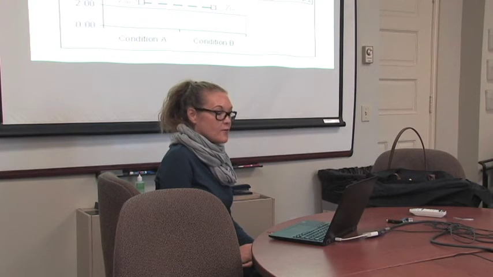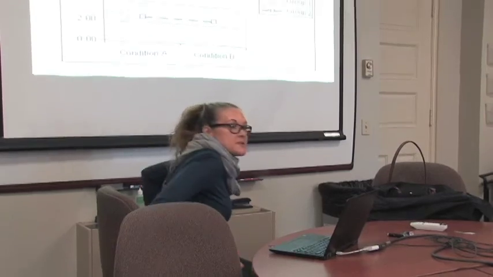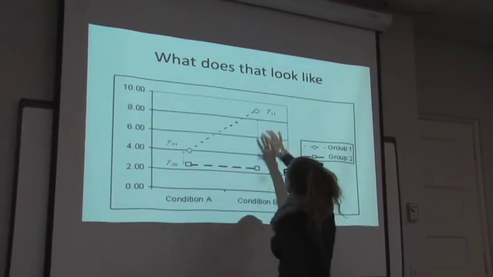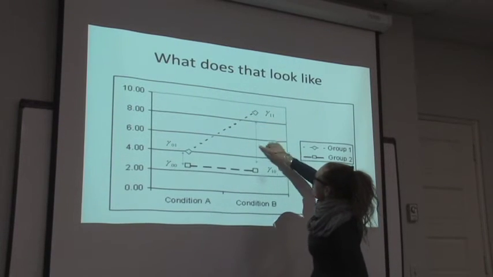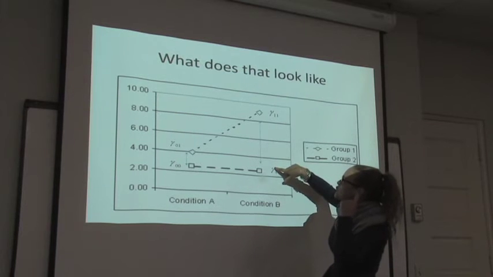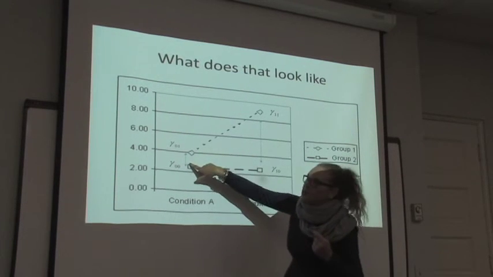Here's a picture, though, that helps us conceptualize it. Keep in mind that when we look at these parameter estimates, we're thinking about the incremental difference from here to here.